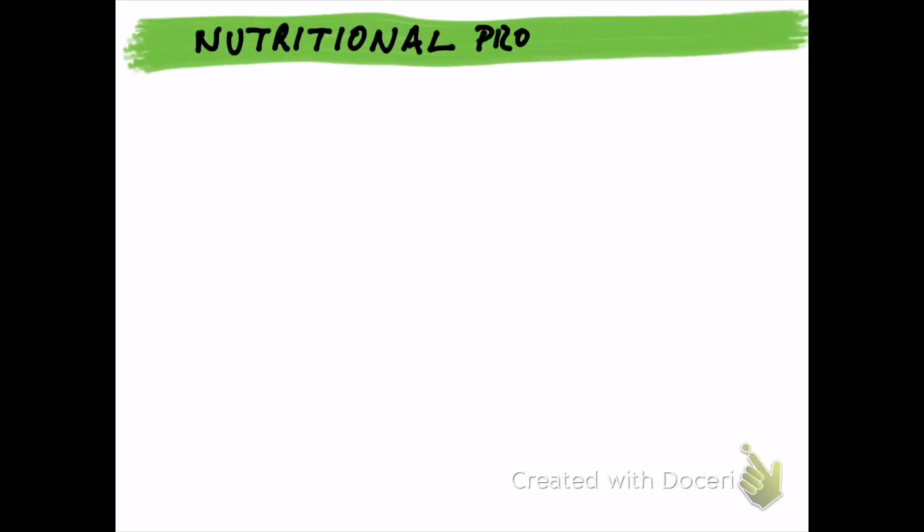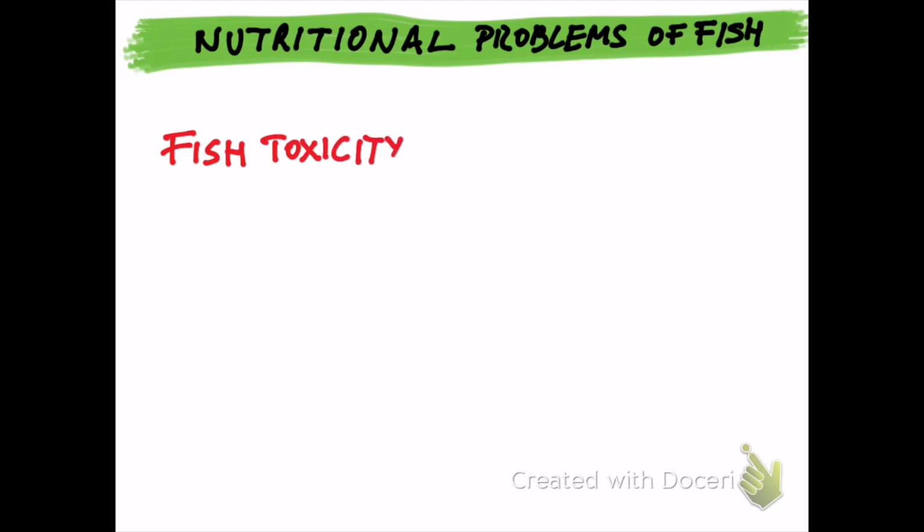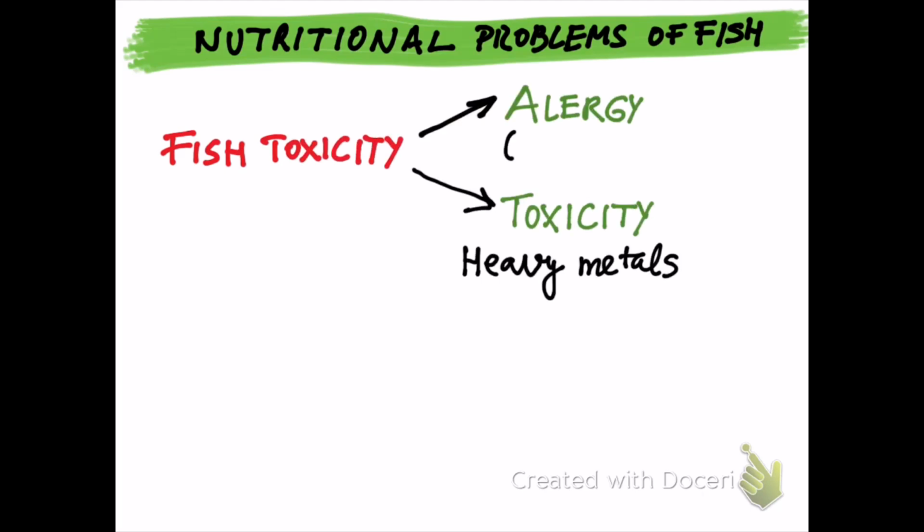Fish consumption is very positive for health and is therefore an essential component of the Mediterranean diet. It is rich in polyunsaturated fatty acids such as omega-3. However, its consumption is associated with allergy to parasites such as anisakis or with a high content of heavy metals that are toxic compounds.